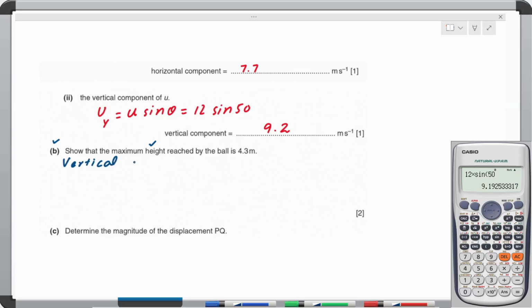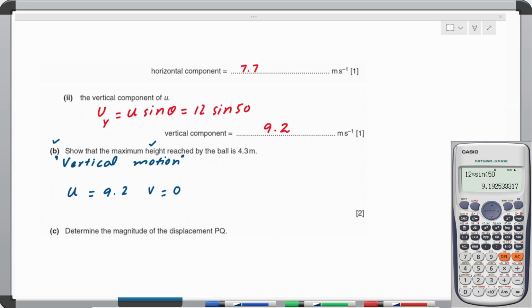For the vertical motion, the initial velocity was 9.2. I'm not going to write y in the subscript to represent the vertical, since I've already written it at the top. The final velocity for the vertical motion would be 0, because that's the point where the ball reaches the maximum height.